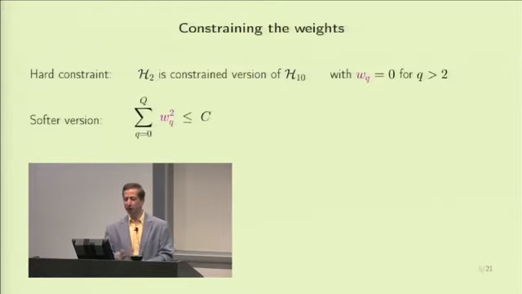We are going to work with a budget C for the total magnitude square of the weights. Okay? Now, before we interpret this, let's first concede that this is indeed a constraint. The hypotheses that satisfy this are a proper subset of H sub Q, because I have excluded the guys that happen to have weights bigger than that.